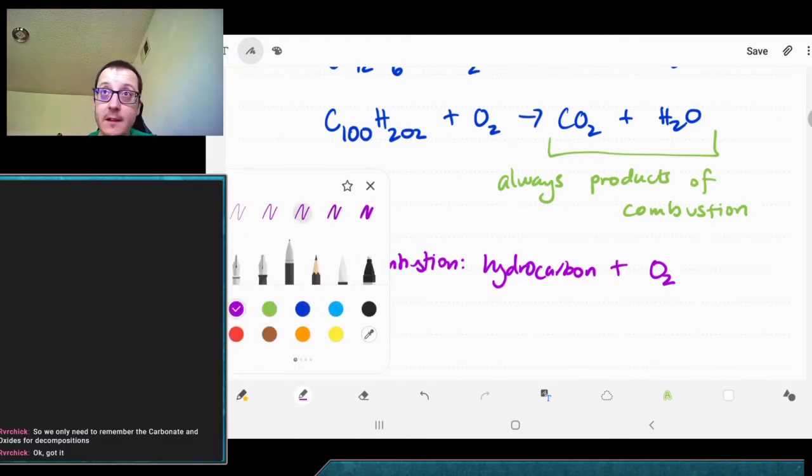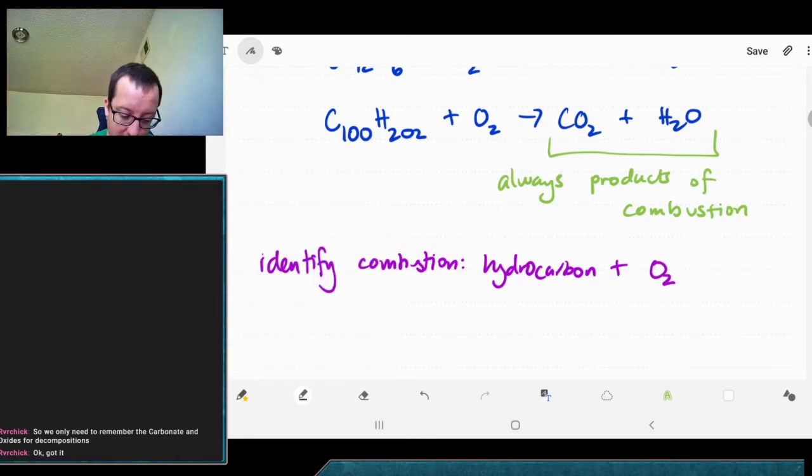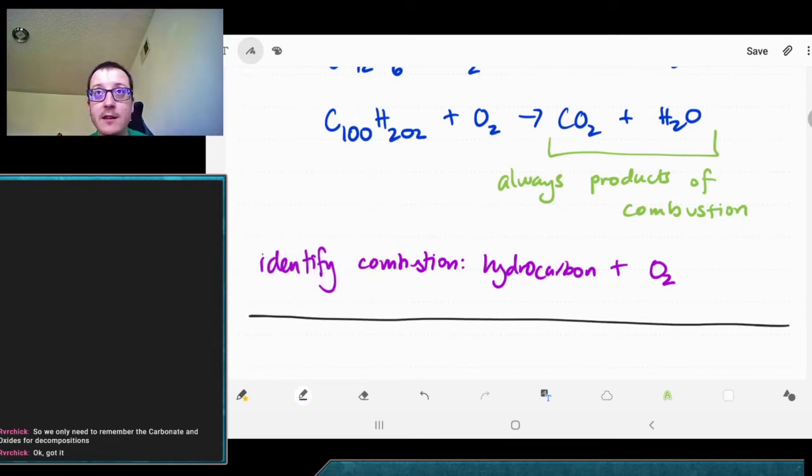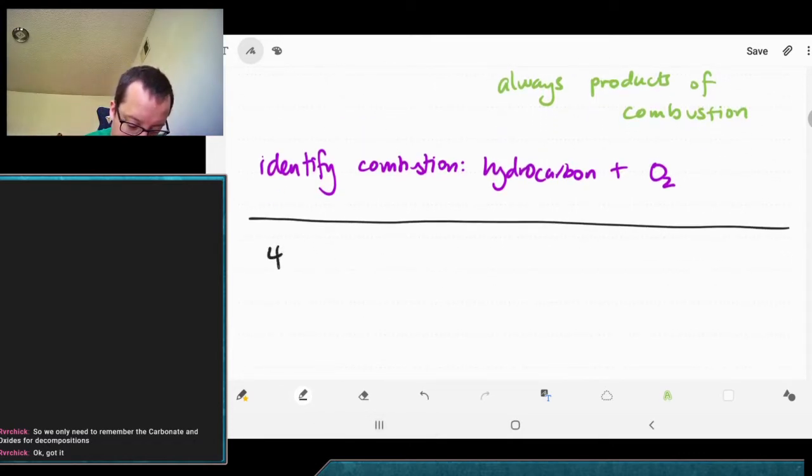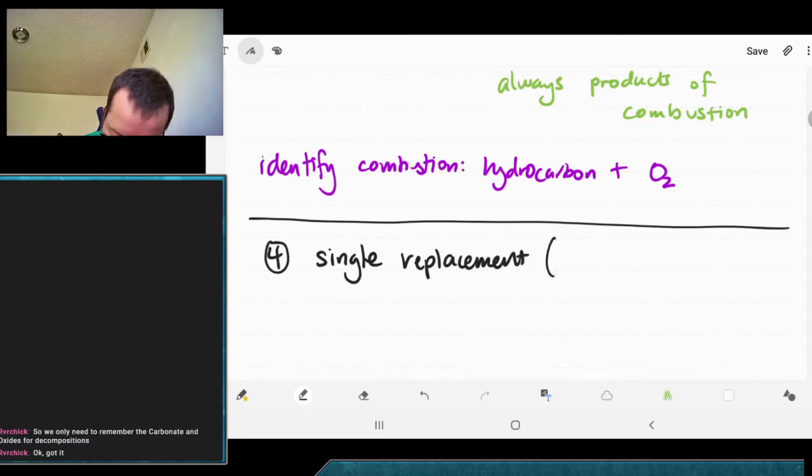Alrighty. If there's nothing on those three, let's move on to the slightly more complex reactions. Reaction type number 4 is going to be single replacement or substitution.